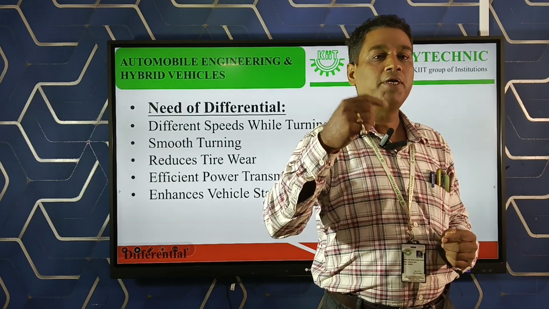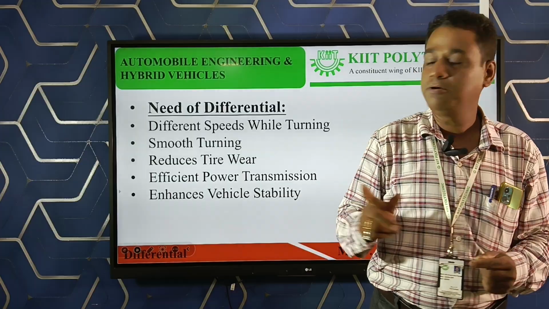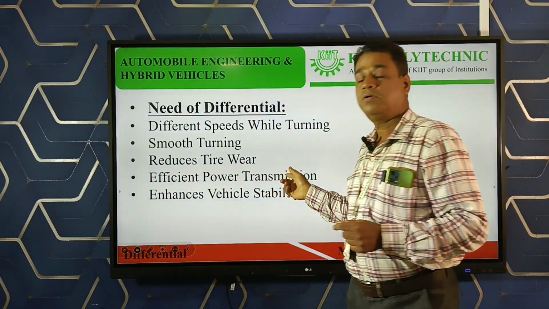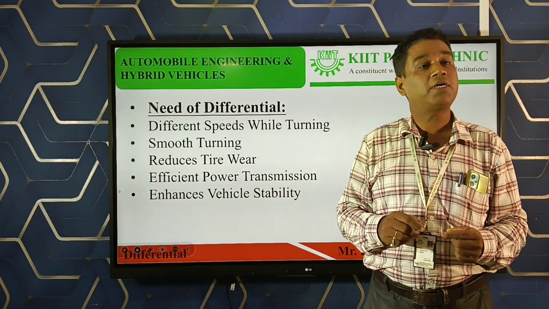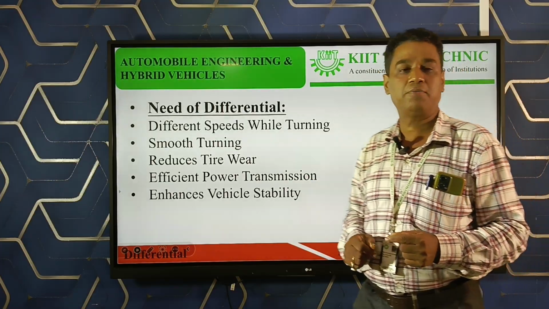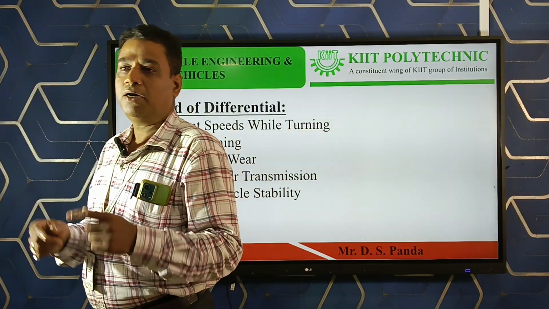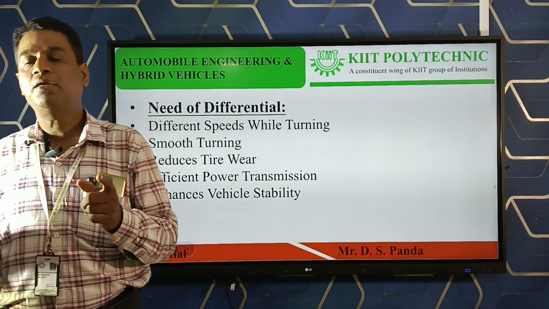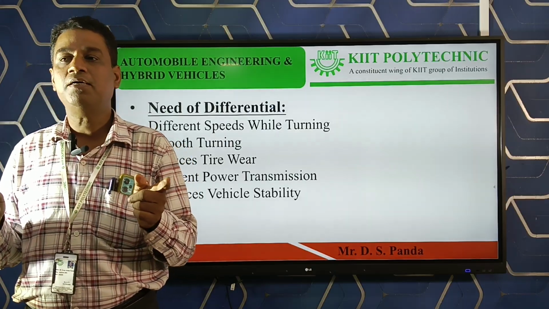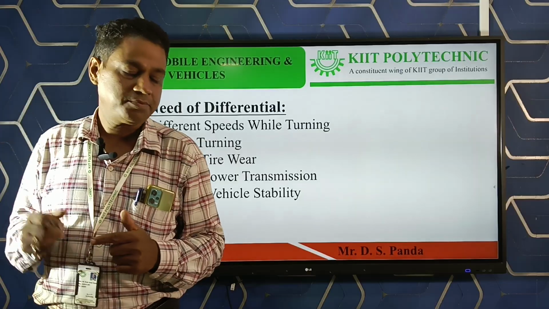If you reduce the friction between road and tire, then you will get efficient power transmission. And the last point, enhanced vehicle stability. The stability of the vehicle will increase during the running of the vehicle.